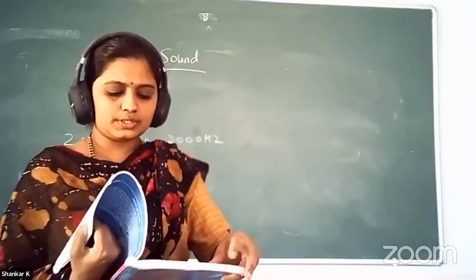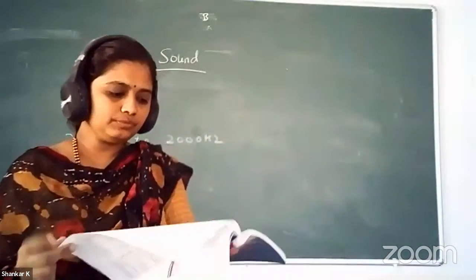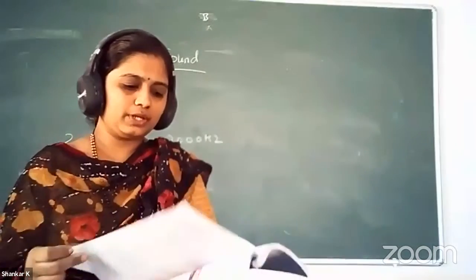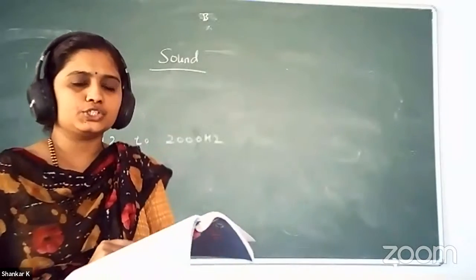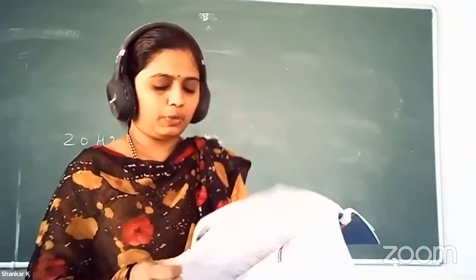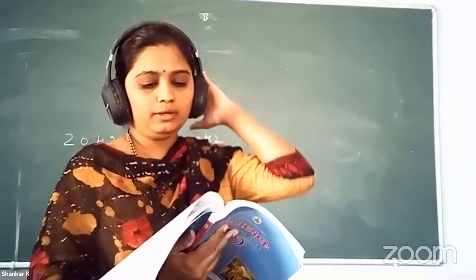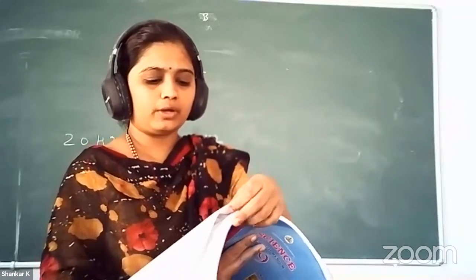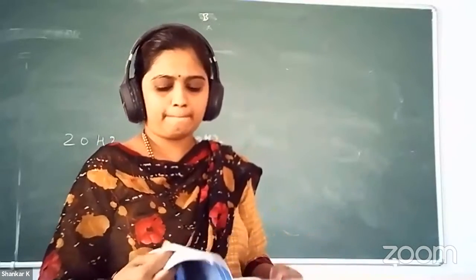I will give you homework. Page number 162: How does the sound produced by a vibrating object in a medium reach your ear? Page number 163: Explain how sound is produced by your school bell. Why are sound waves called mechanical waves? Suppose you and your friend are on the moon. Will you be able to hear any sound produced by your friend?